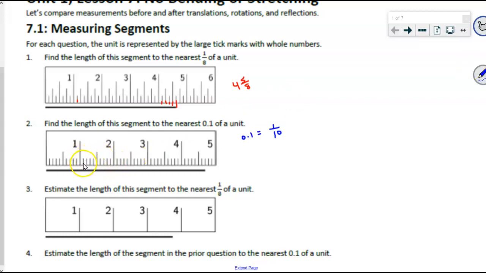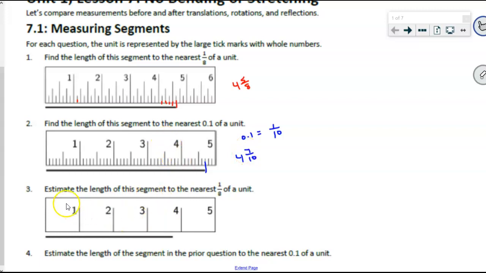Between the 1 and the 2, 1, 2, 3, 4, 5, that's our halfway mark, 6, 7, 8, 9, 10. So to the nearest 1/10 of a unit is going to be to that nearest tick mark. I have 1, 2, 3, 4. We can see 1, 2, 3, 4, 5, 6, 7 of those little tick marks. So this is measured 4 and 7/10.